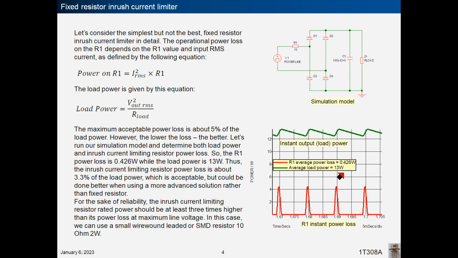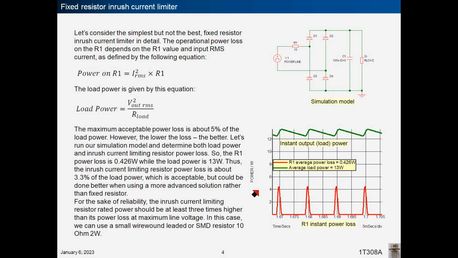Thus, the inrush current limiting resistor power loss is about 3.3% of the load power, which is acceptable, but could be done better when using a more advanced solution rather than a fixed resistor.